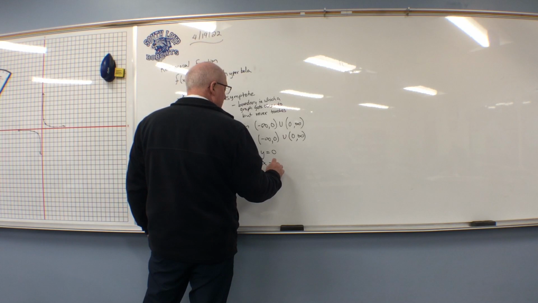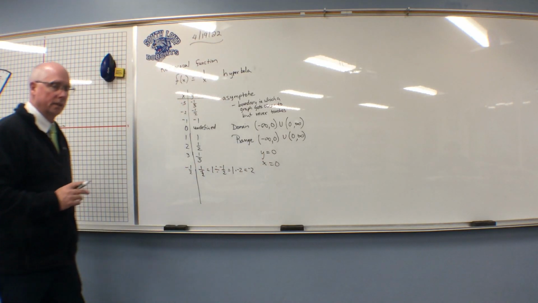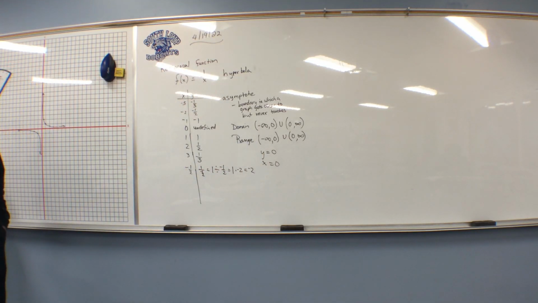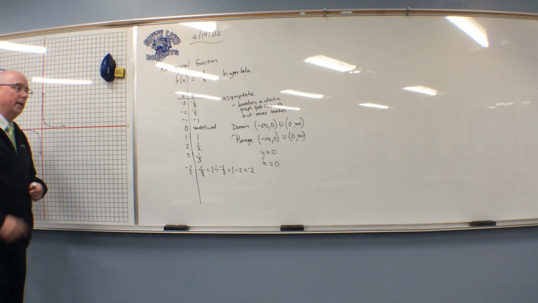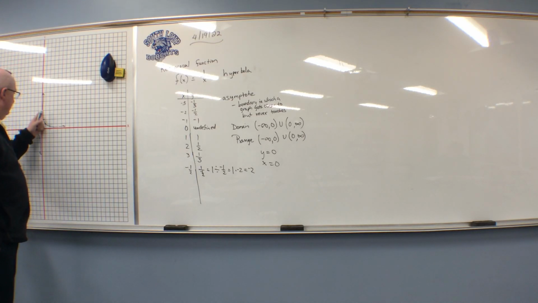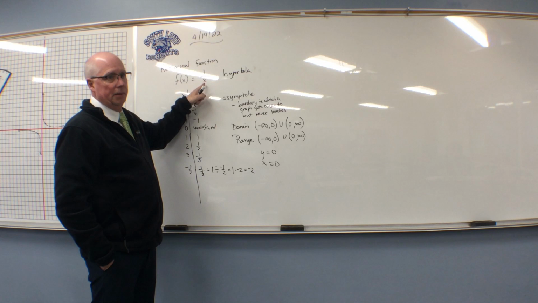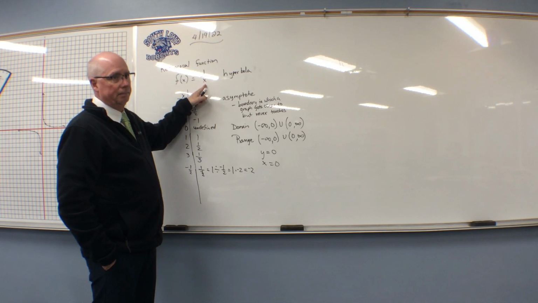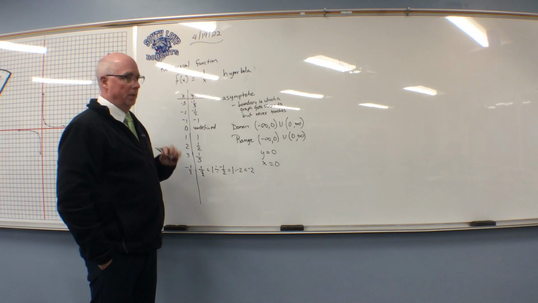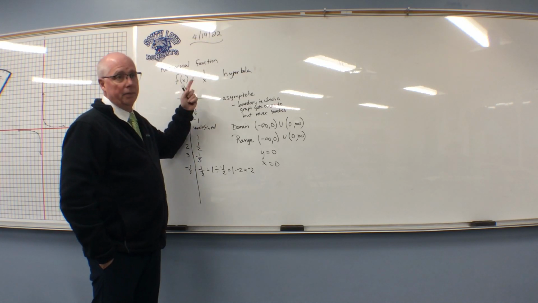We also have x equals 0 as an asymptote. Now, the way that we get the vertical one, this is a vertical asymptote, is that our denominator cannot be 0. The horizontal comes from something totally different. But the vertical one comes from the denominator.